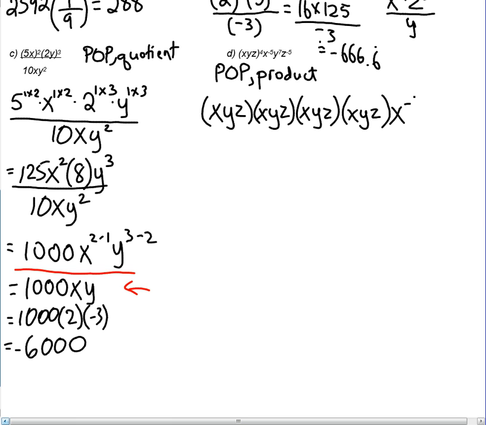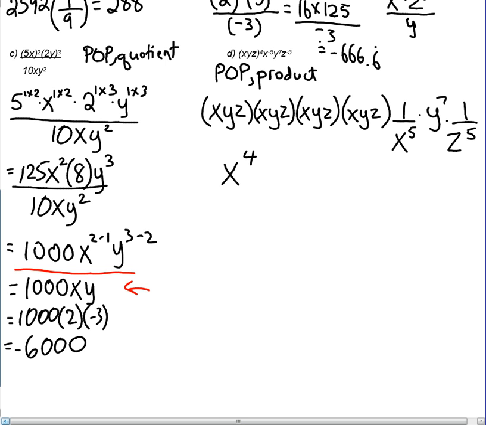Okay, and then I could have my x to the negative 5. And if I was to write that last part of my expression using the negative exponent definition, 1 over x to the 5th times y to the 7th times 1 over z to the 5th, then I know in my numerator I have x times x times x, which is x to the 4th, which is what the power of a power would give.